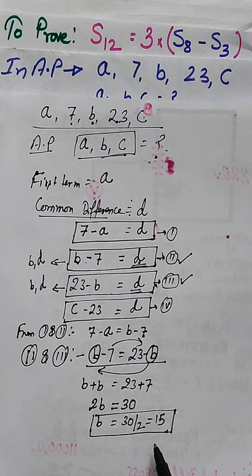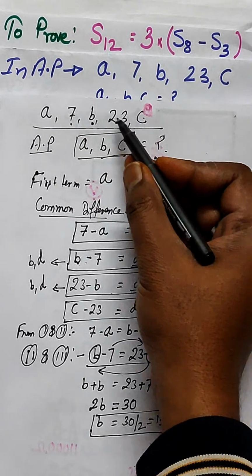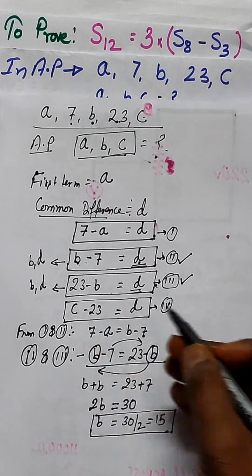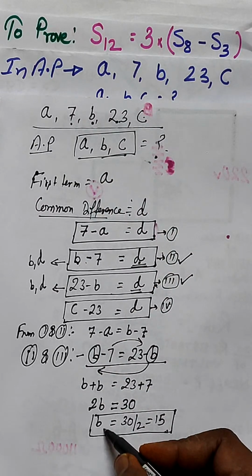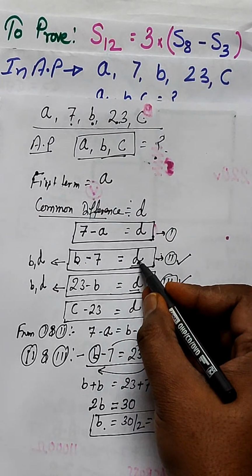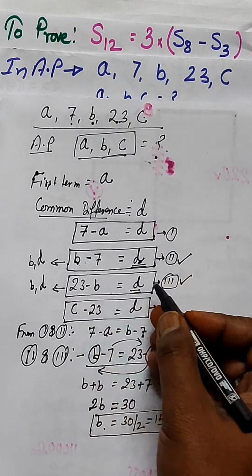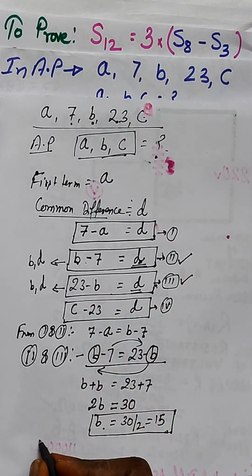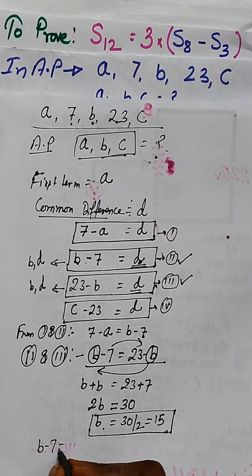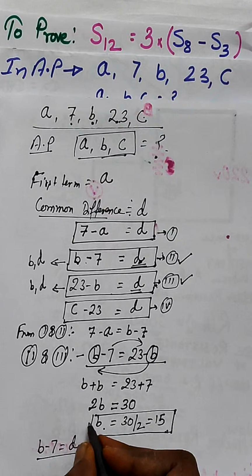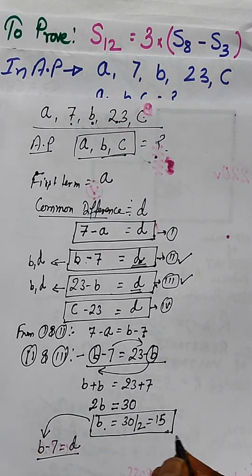Now take another relation, 23 and B is calculated. If we are knowing B, we can calculate the value of D, that is B minus 7, right? So B minus 7 is D, that is B minus 7 equal to D, and just put the value of B from here to here.